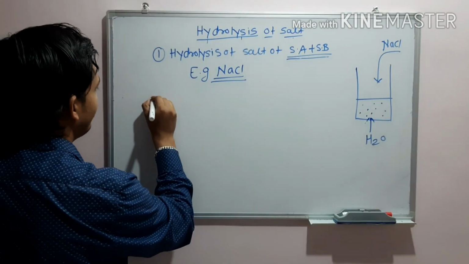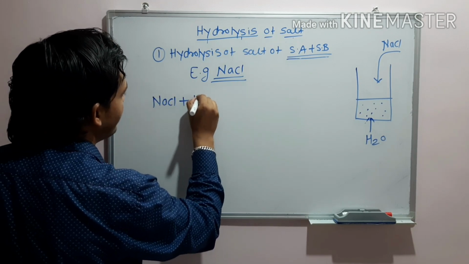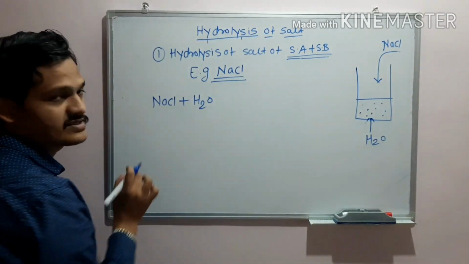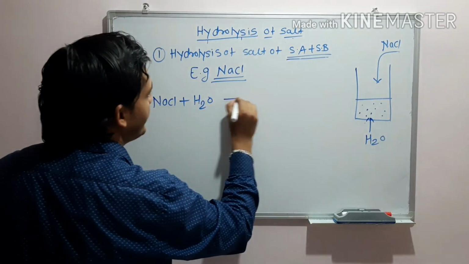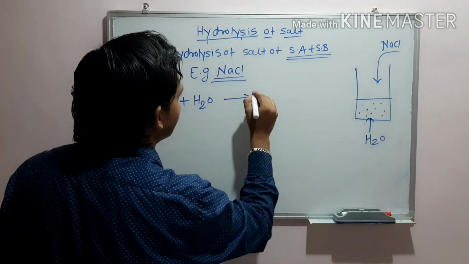So if I am adding, I am writing the general equation or general reaction. You already know about that. NaCl added in water, so NaCl plus H2O gives, what is our possible product? NaOH and HCl.